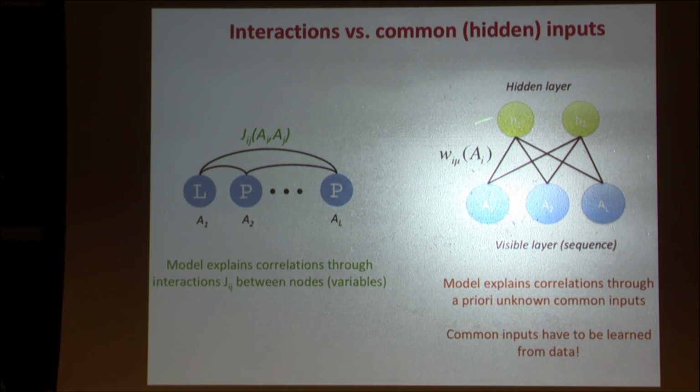These hidden variables can tell you whether you are in group 1, type 1, type 2, type 3, type 4, whether you have a contact between these two residues or not, whether this part of a protein should be in an alpha helix or a beta strand or whatever, all the kinds of constraints you can think of, right? And these variables produce some effects on the amino acid sequences and shape the distribution of sequences. And you would like to find them from the data.